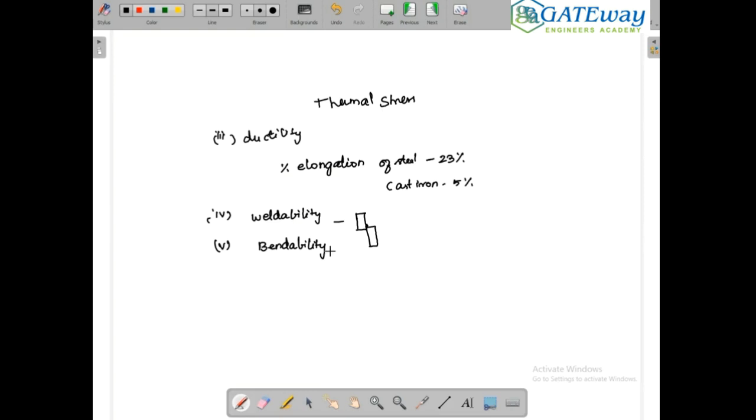Then bendability: we crank the rod in beams, in beam column joints, and also in column footing joints.